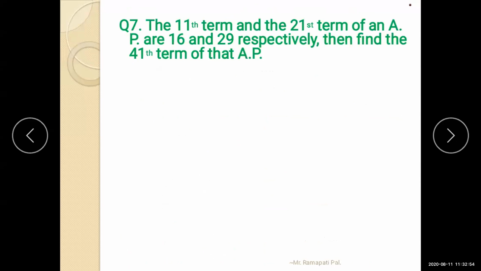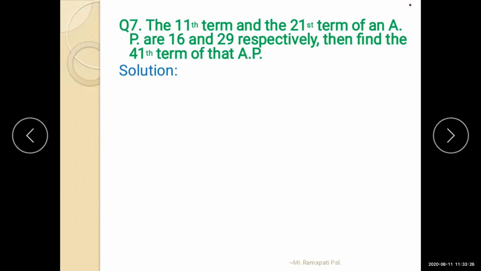It is a somewhat different type of question. Read the question properly. The 11th term and the 21st term of an AP are 16 and 29 respectively. Then find the 41st term of that AP. Is it clear? You are ready now?